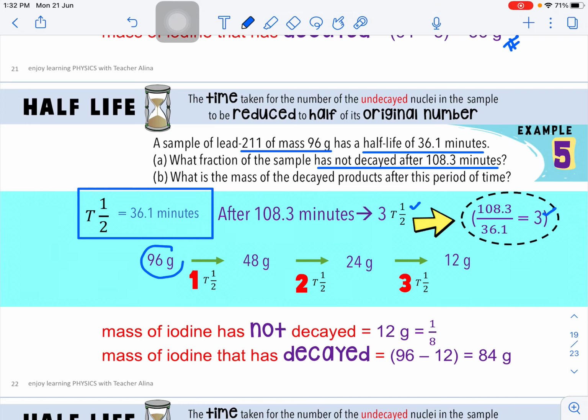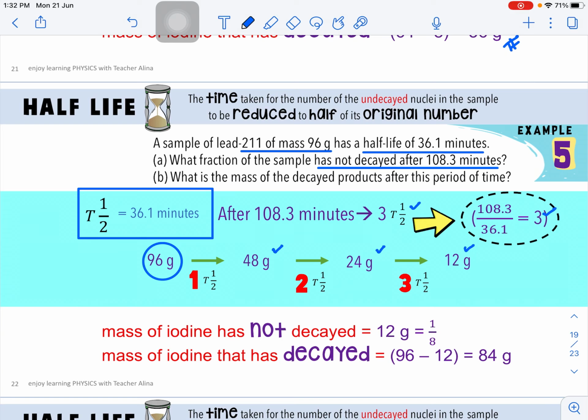So start with the initial mass, that is 96 gram. For the first half-life, it becomes 48 gram. For the second half-life, it becomes 24 gram. For the third half-life, it becomes 12 gram. 12 gram is the mass that has not decayed. So 12 gram in the form of a fraction is 1/8.